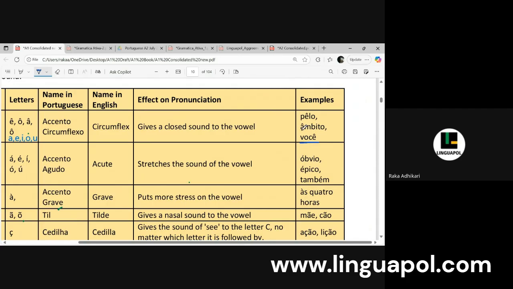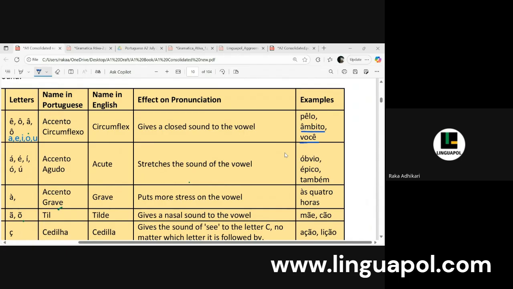Then here we have ambitu. If we did not have the accent on the letter A, then we would say it with the open A, because this letter is A. But since we have the accent here, we are saying it differently. So listen to the two sounds and differentiate. One sound is A, which is the default sound of this letter.